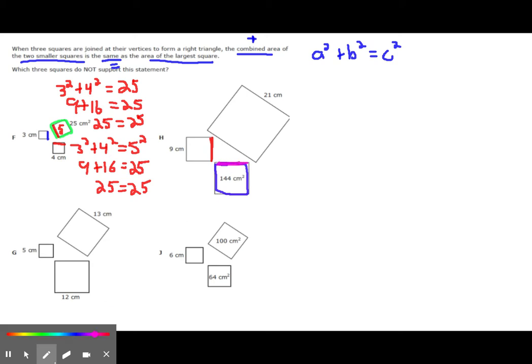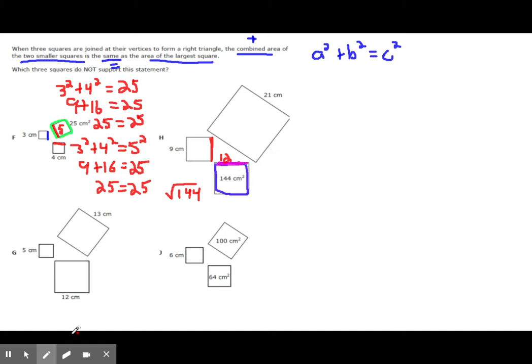In order to do that, all I need to do is take the square root of 144. If I take the square root of 144, I get 12. So this side length right here is 12 centimeters, because 12 times 12 equals 144.